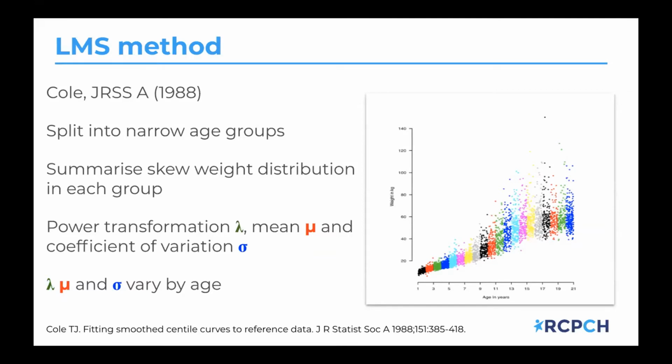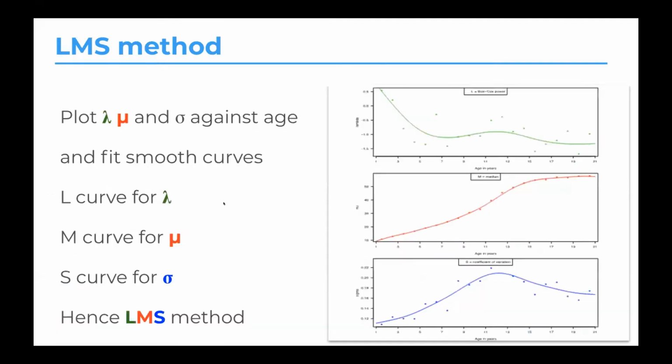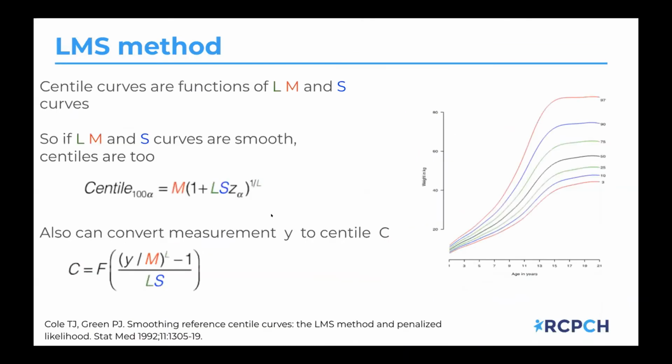You can therefore get an L, an M, and an S for each age band, and you can stitch them together and you get the whole age range. If you plot the L, M, and S, you get curves, and these curves are directly related to the centiles. So you can apply some maths to your L, M and S, and you can end up with a centile or a standard deviation score.